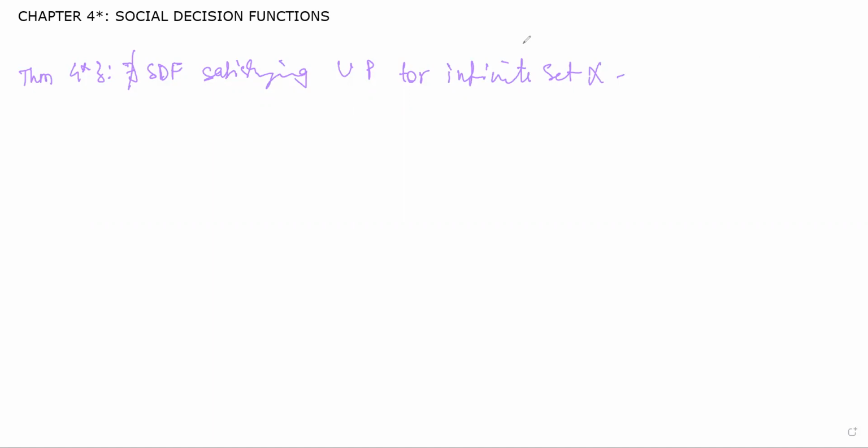Because it tells you that what holds for finite sets doesn't hold, and the impossibility theorem is essentially extended to infinite sets as well. And the proof of this is again very simple.